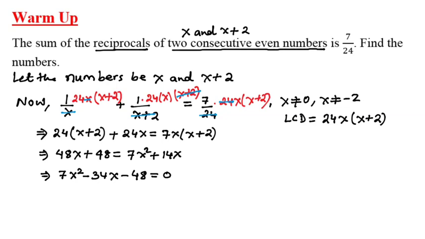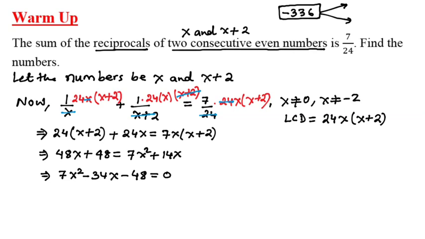We can factor this by using sum and product method. So we multiply 7 times negative 48, which is negative 336. Now from negative 336 we have to find two numbers whose product is negative 336 and sum is the middle term, that is negative 34.